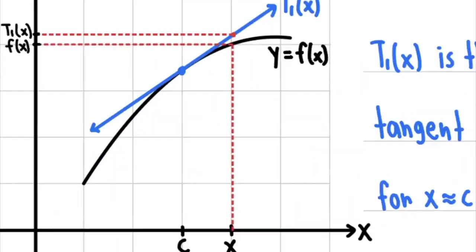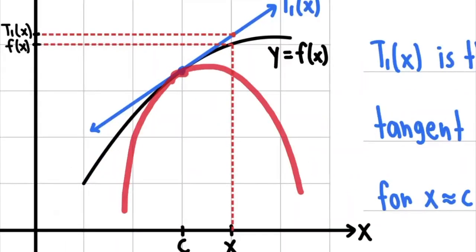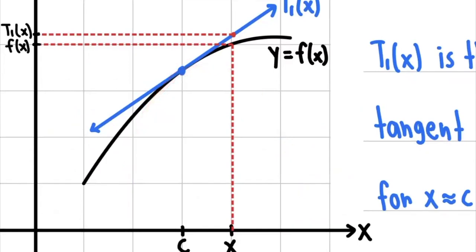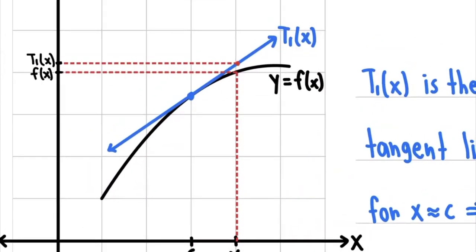The quadratic approximation would look something like this, and the cubic approximation would look something like this, maybe. But still, c is the point of tangency right there. It's still centered at c. So c is where the polynomial and f of x basically become equal. And the closer you are to c, the better the approximation.